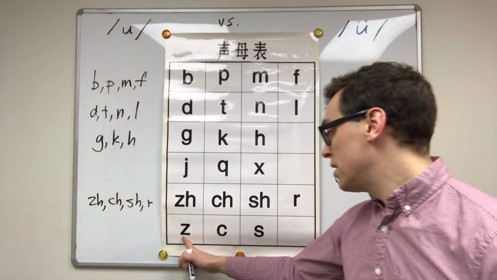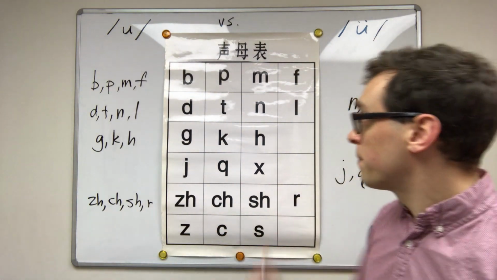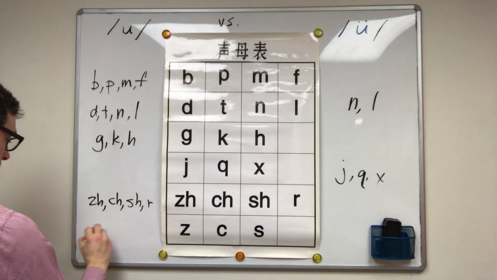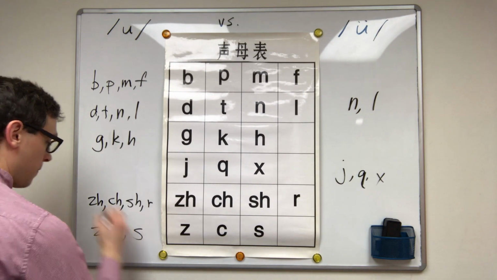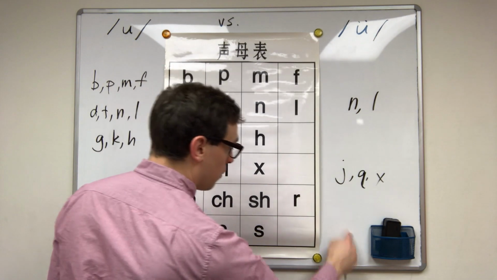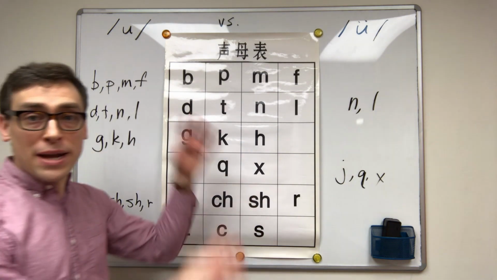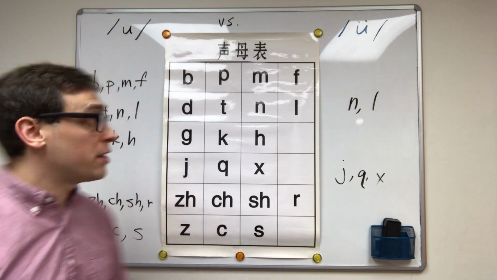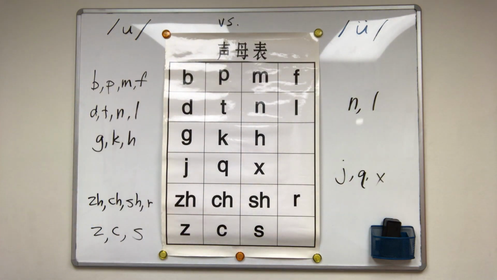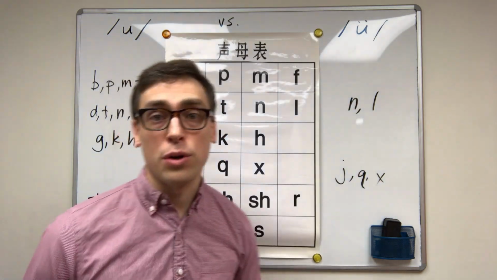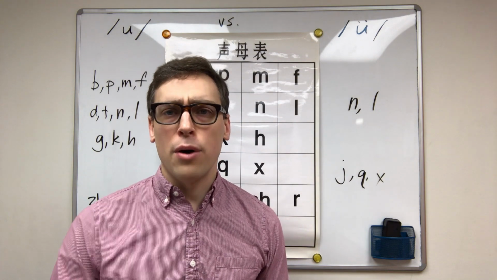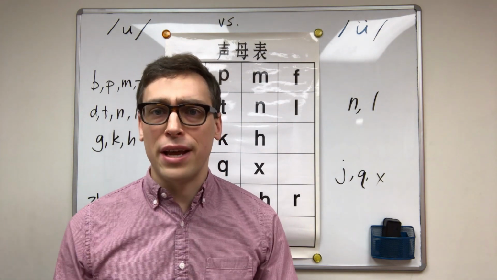Next, last line, zu, cu, su, all work with u. None of them work with ü. So, as it turns out, many more of the initials from our chart here work with u, and just a few work with ü.